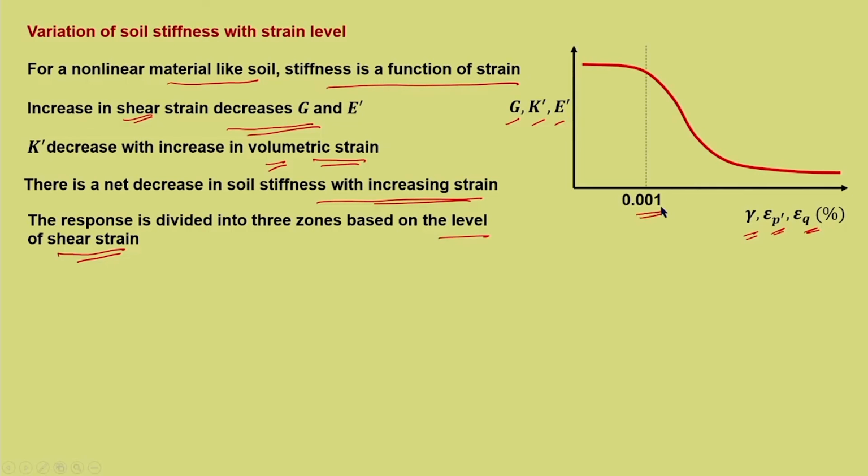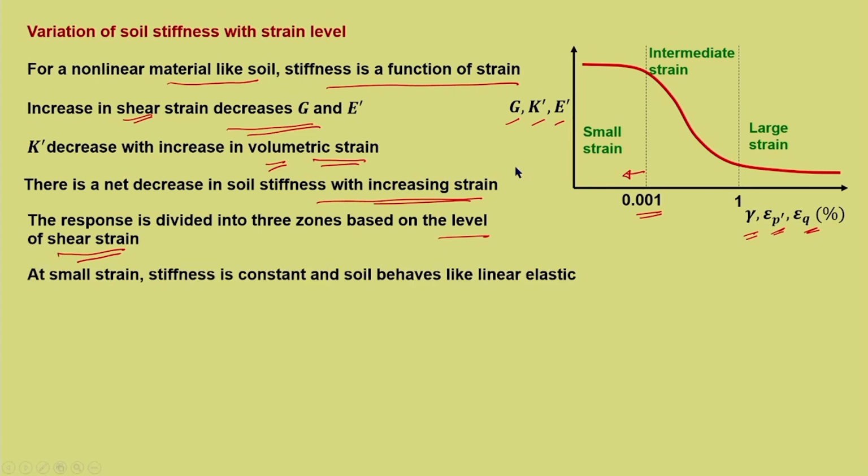There are some indicative values, 0.001 percent and 1 percent. A strain less than 0.001 percent is considered small strain, 0.001 to 1 percent is intermediate strain, and greater than 1 percent is large strain. So, you can see that even a very small percentage of strain is considered a large strain. In general discussion, it is considered like that.